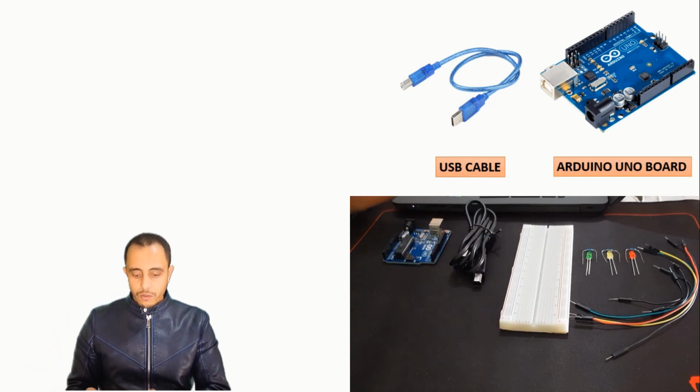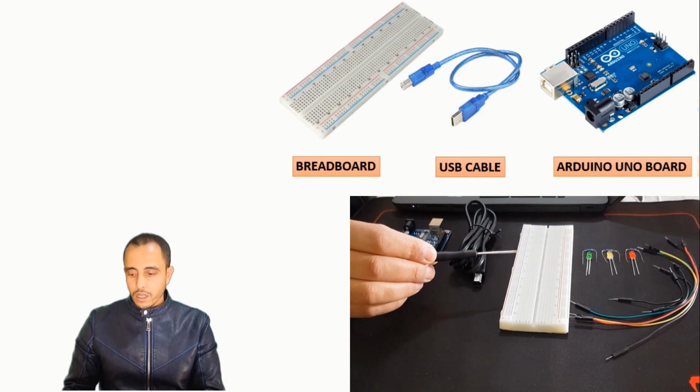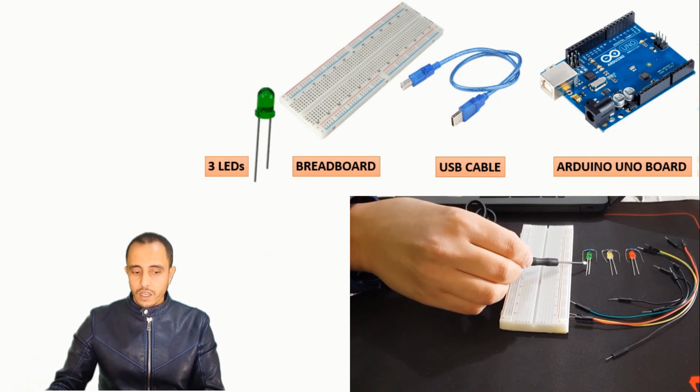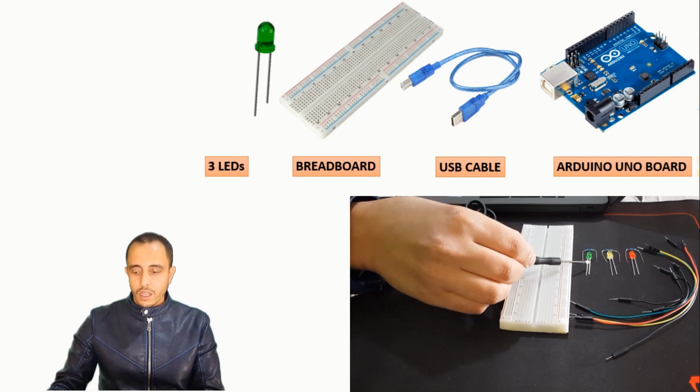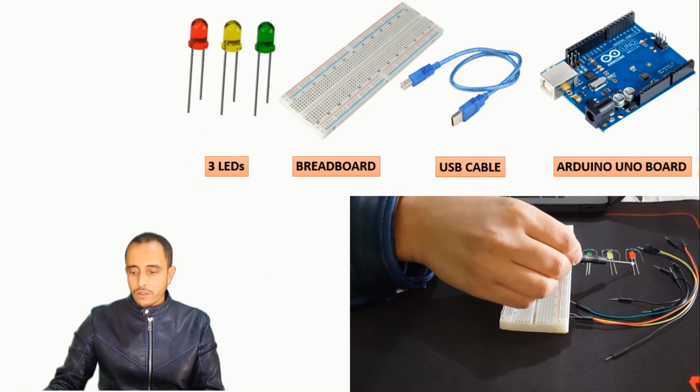We also need a breadboard, and instead of only 1 LED, we are going to use in this exercise 3 LEDs. The first is green, the second is yellow, and the third, of course, is red.